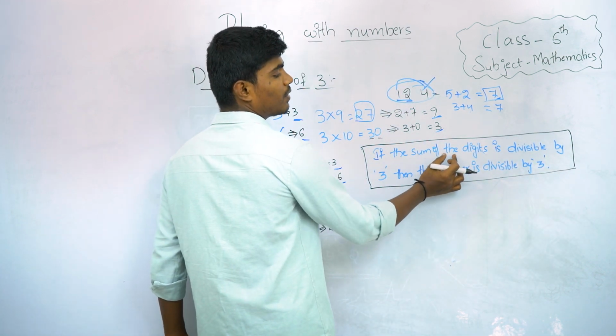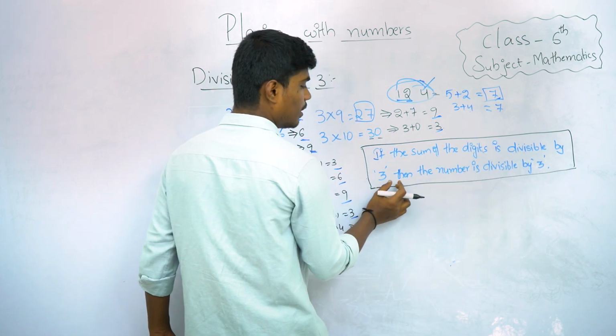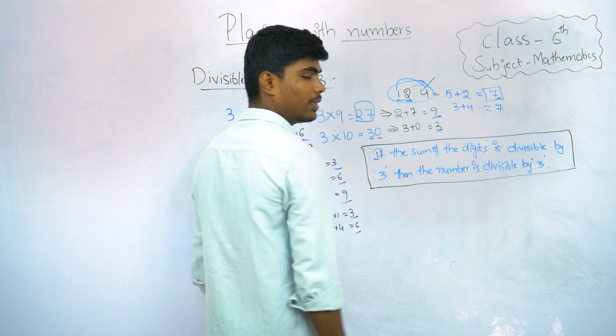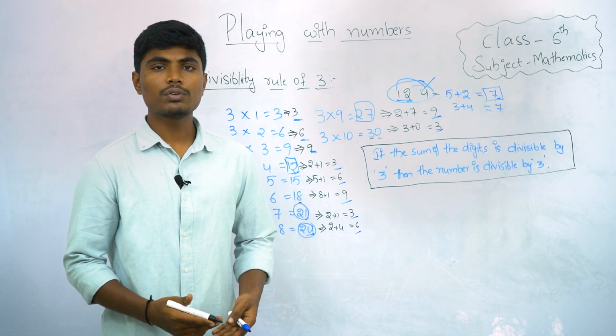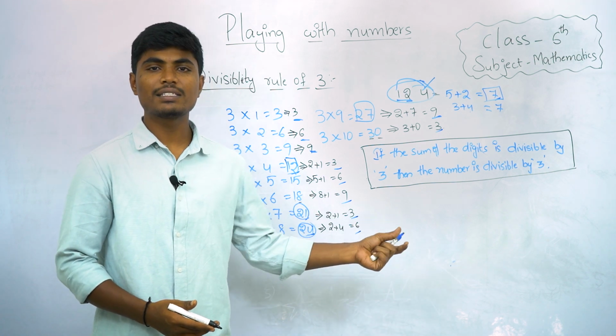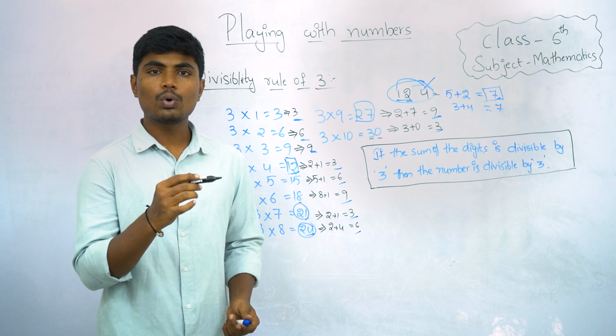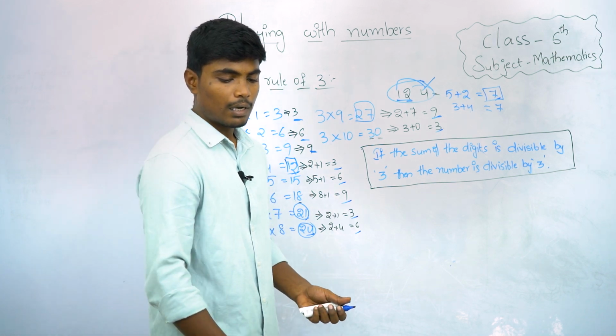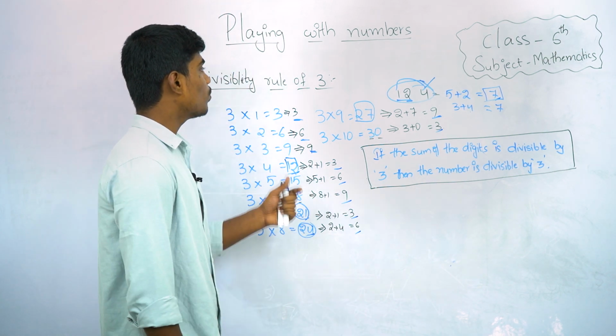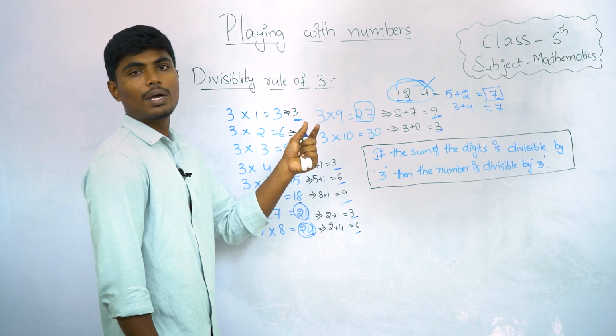If the sum of the digits is divisible by 3, then the number is divisible by 3. What we are going to do? We are going to add the digits in the number, and if the result is divisible by 3, then the whole number is divisible by 3.